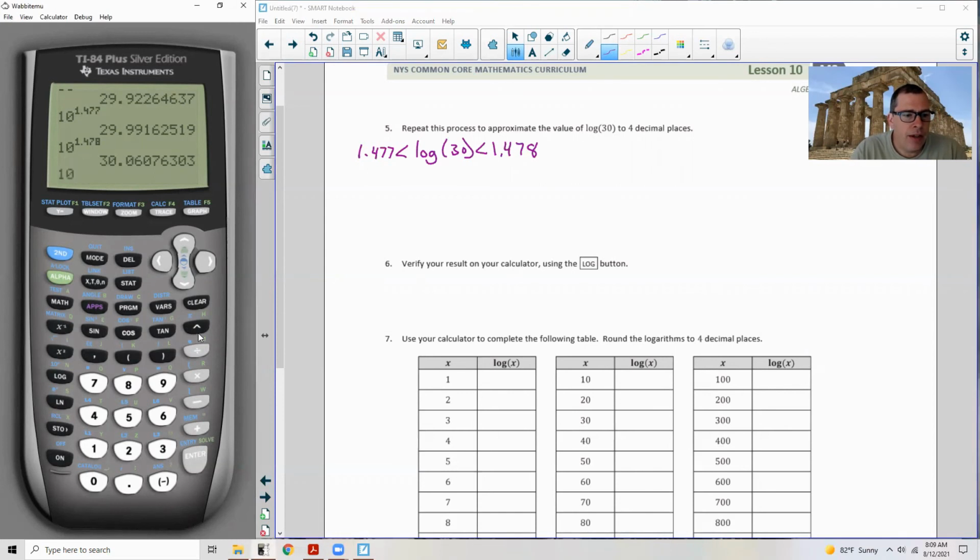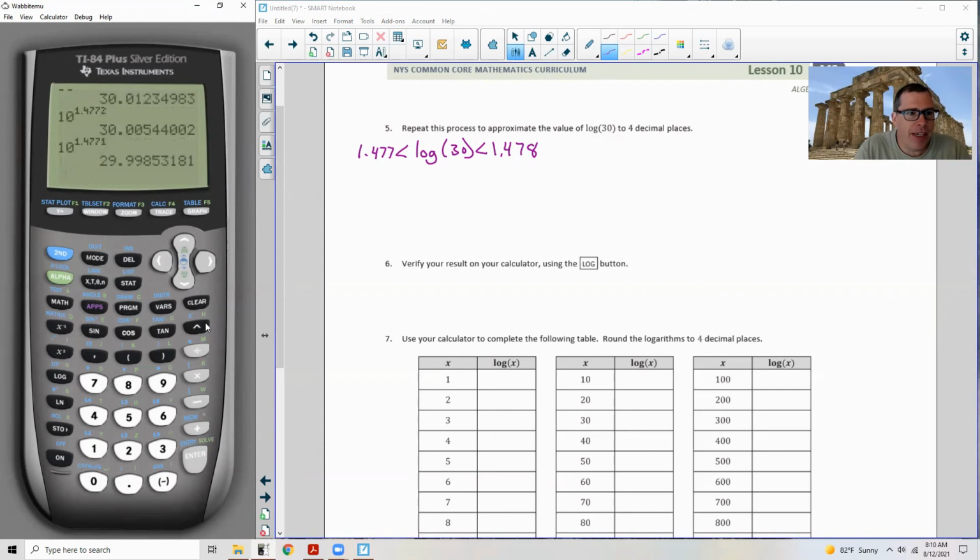So it's 10 to the power of 1.477, and I'm going to start in the middle, 5, and that's too much. So I'm going to reduce. 10 to the power of 1.4774, that's still too much. 10 to the power of 1.4773, that's still too much. 10 to the power of 1.4772, and 10 to the power of 1.4771.